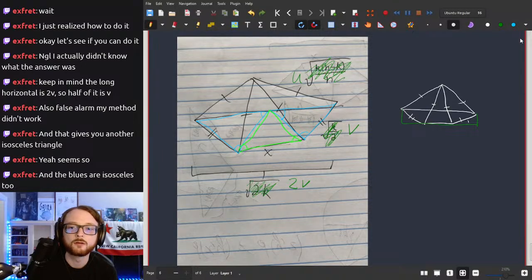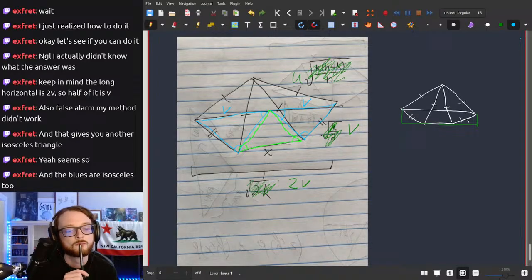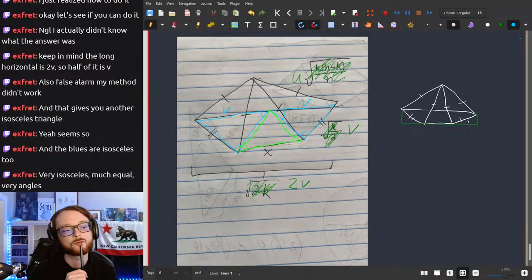Right, yeah. Now, unfortunately, we can't really find the base of these isosceles triangles. Not immediately.